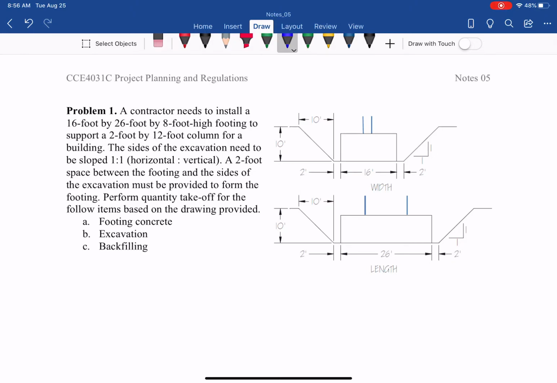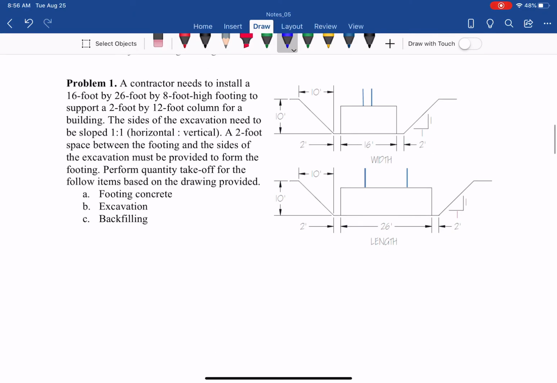So let's apply that here. Before we get into the problem, I just want to give an overview of the method to determine the volume of a prismoidal shape.